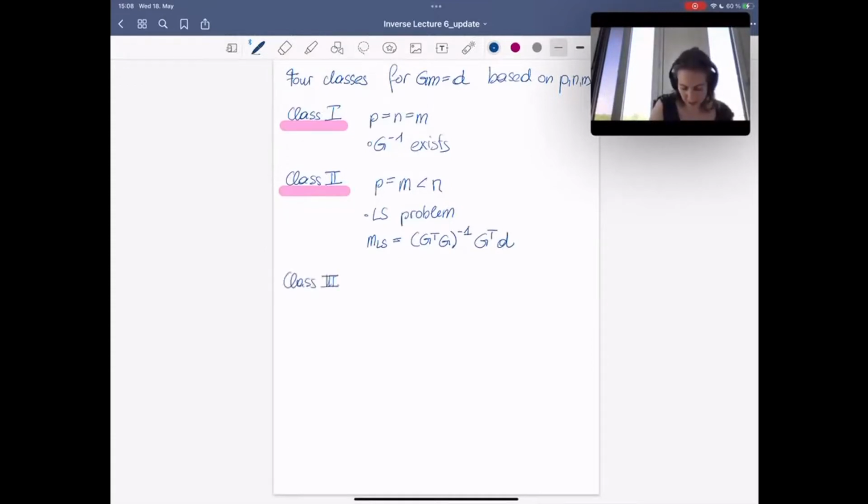Now let's come to class 3. What happens if p equals n lower than m? And this is exactly a minimum length solution for m.